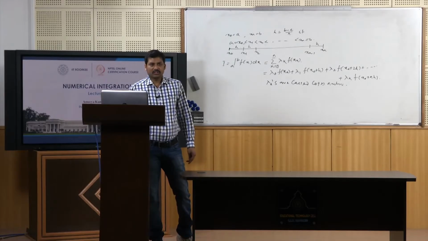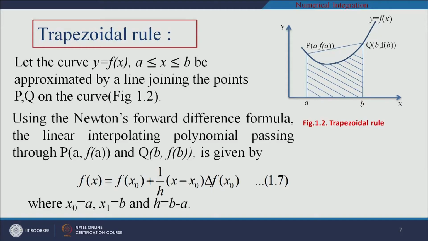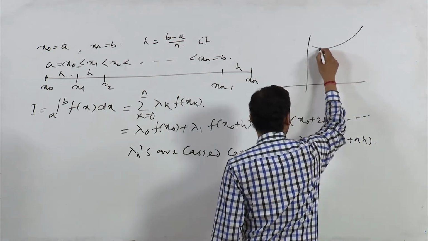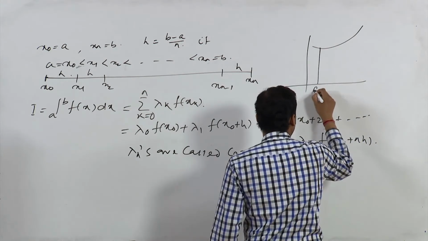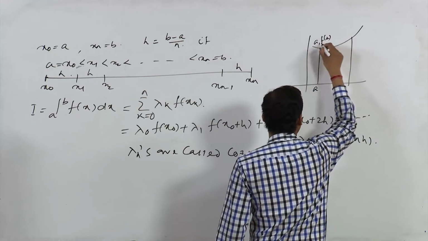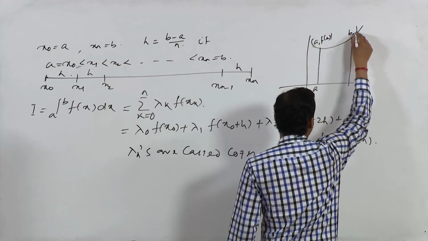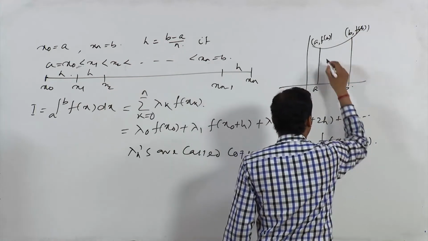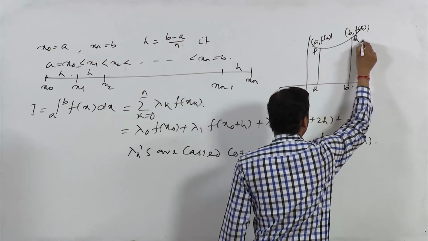So, first we will go for the trapezoidal rule here. Suppose we have a curve here and it has ordinates like f(a) here and f(b) here. So, suppose these points are P and Q here.